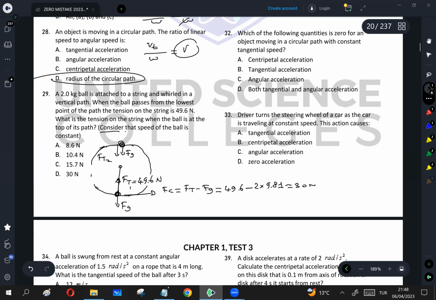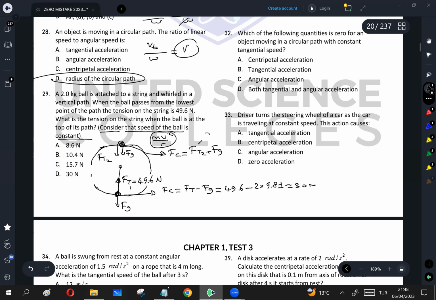The question says to consider that the speed of the ball is constant. If the speed is constant, mv squared over r, that is the centripetal force, will stay constant. At the top we will have the same centripetal force. Then the centripetal force at the top is F tension 2 plus Fg.